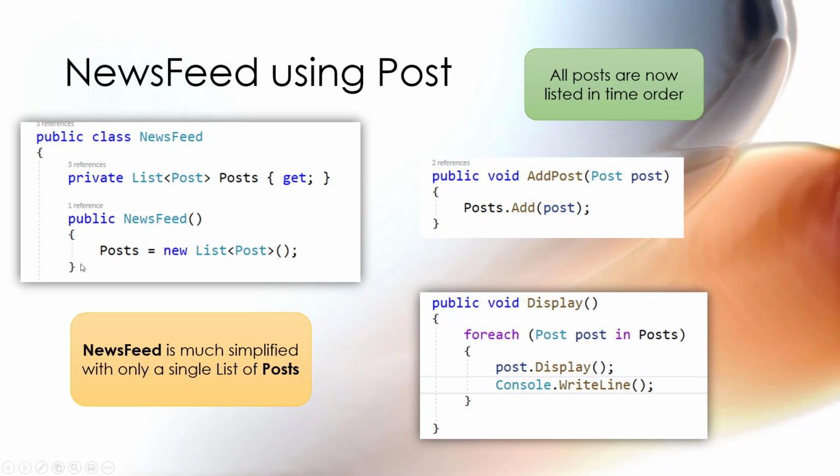So we can create a new list of posts, and we can have a method to add a post to the list of posts, and we can use a for each loop to go through all the posts and print them out, whether they're message posts or photo posts. That's the advantage of this design.